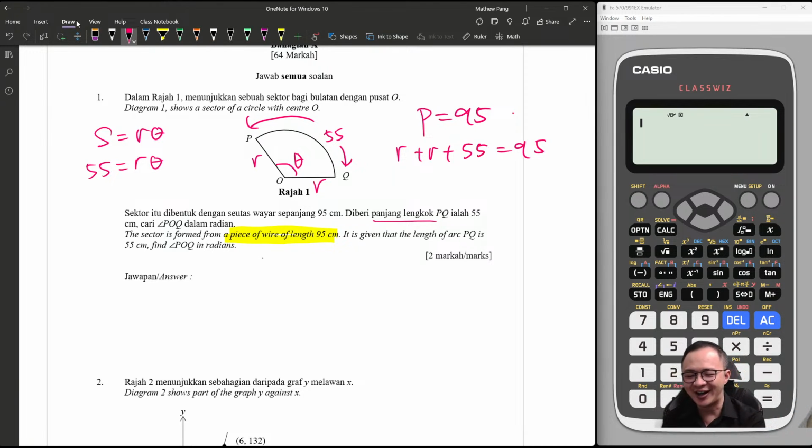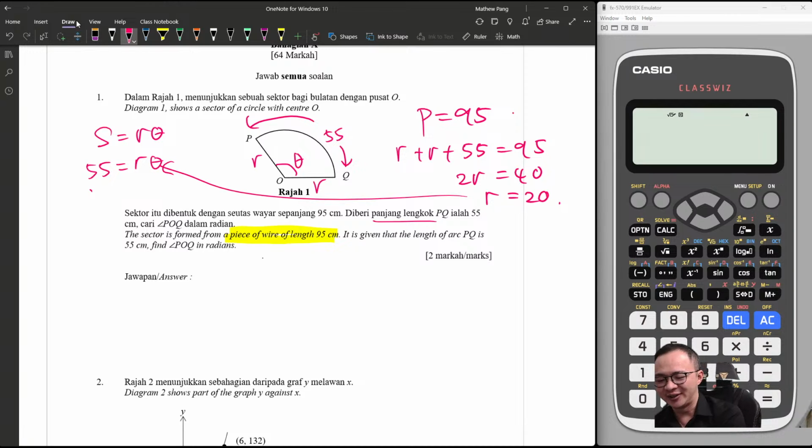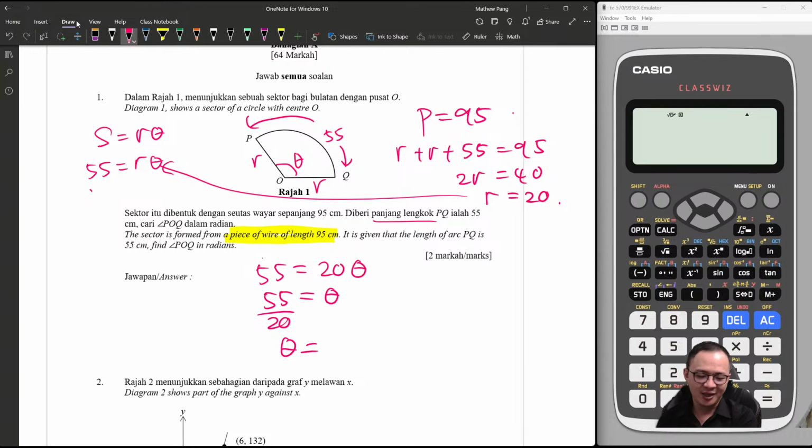From here we can find r. My brain is stuck, I'm sorry. So 2r is actually equal to 40, so r is 20. Once we know r is 20, we can substitute back into this formula. So 55 equals 20 theta. So theta is 55 divided by 20. What do we get? 2.75 radian. Done.